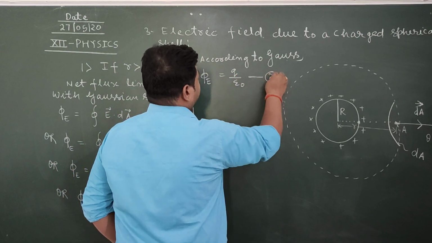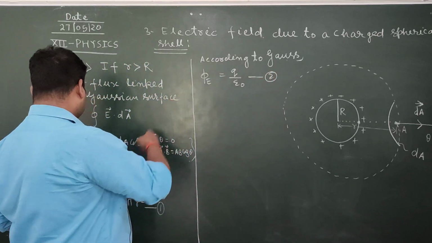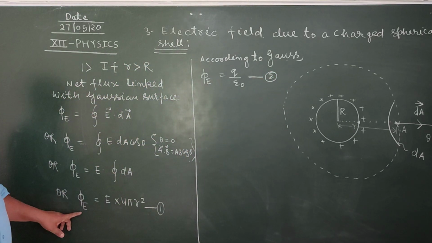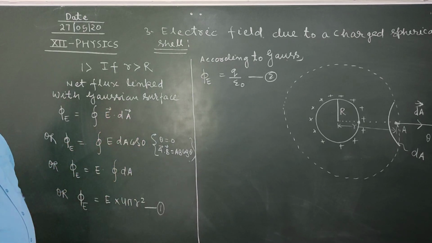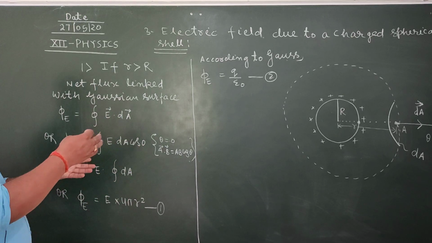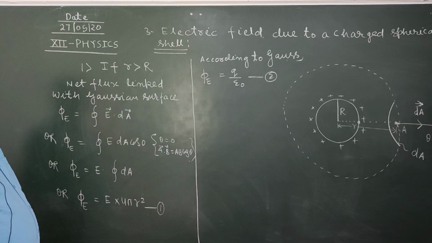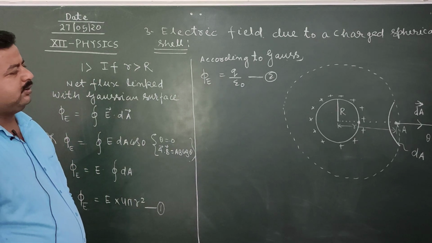This is equation second. So these are two fluxes. One flux is calculated by me, and one flux is calculated by the Gauss theorem. We equate these two equations and find out the electric field outside of the shell.